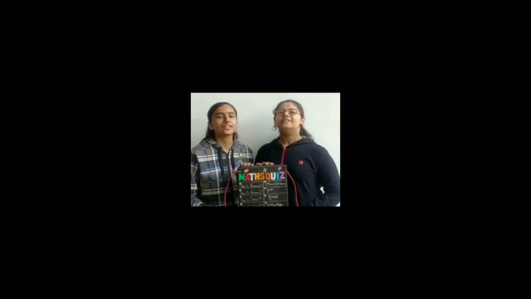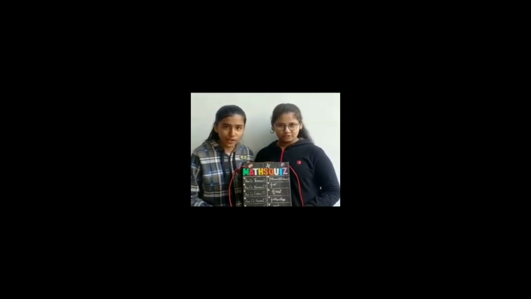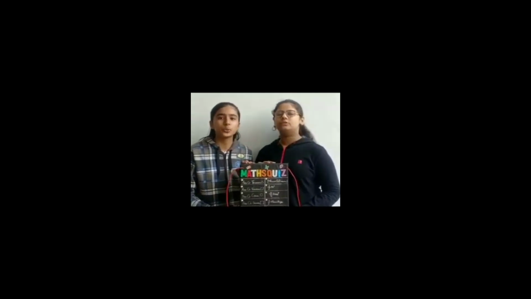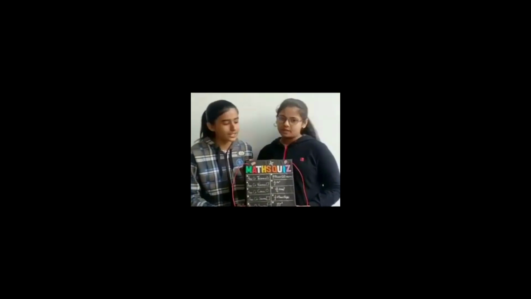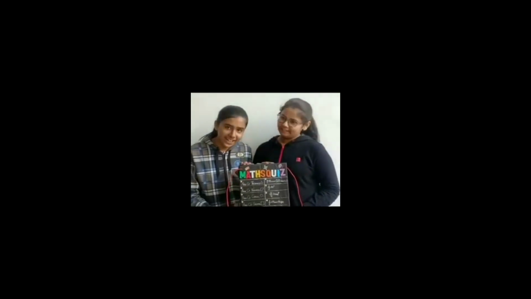Thanks. Good morning everyone. We have made a model which will help you learn the formulas of certain geometrical figures much quicker than earlier.